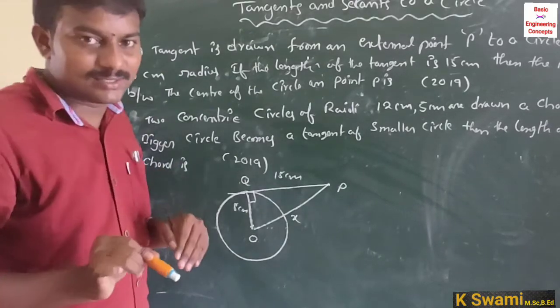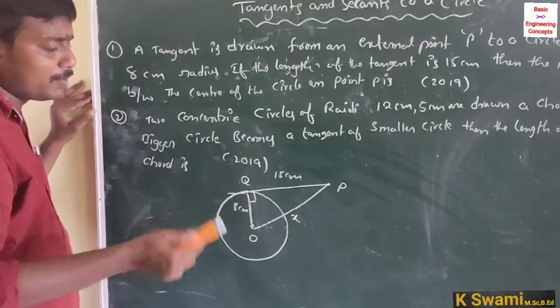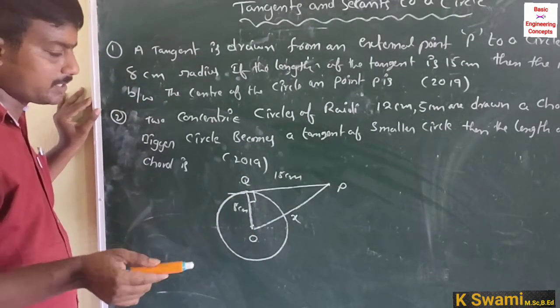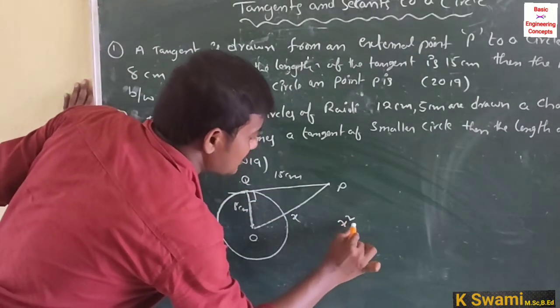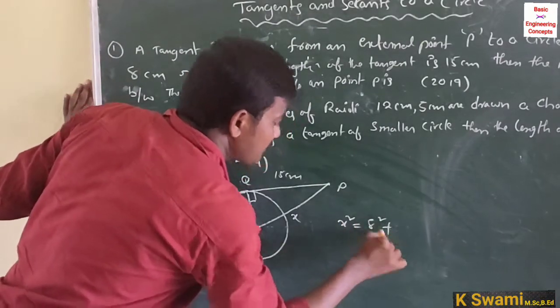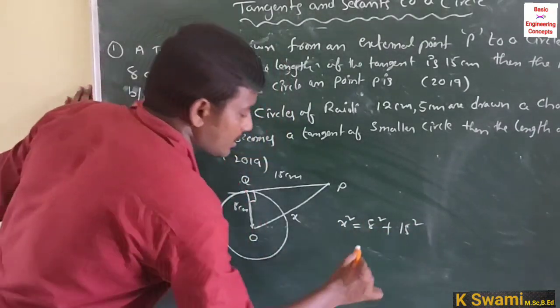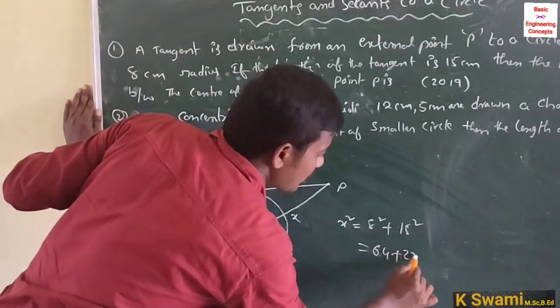From the Pythagoras theorem, we know that hypotenuse square is equal to side square plus side square. Hypotenuse is x, so x square is equal to 8 square plus 15 square. 8 square means 64 and 15 square means 225.